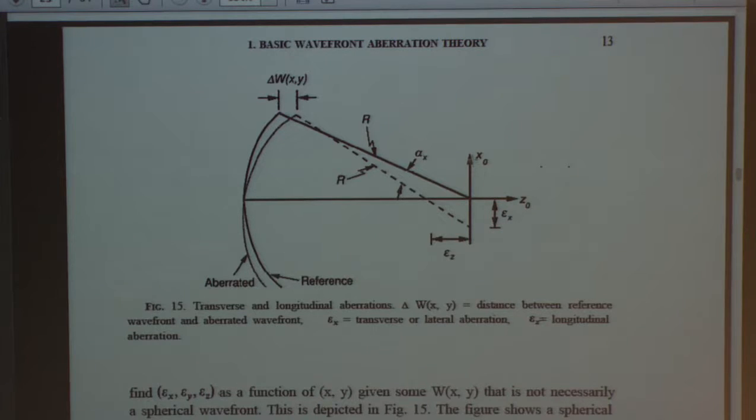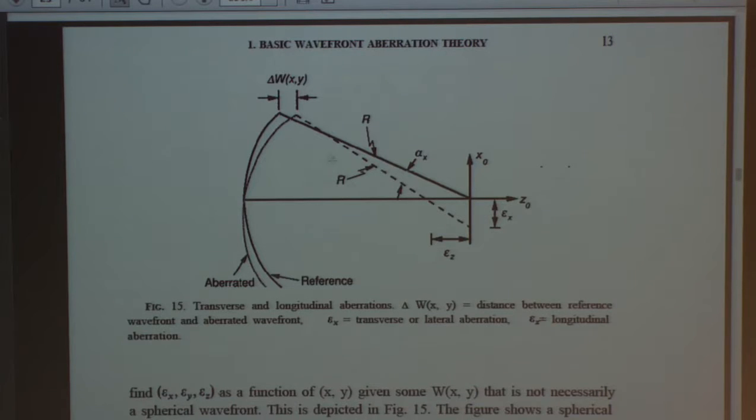z away, and it's crossing the x-axis down here, a distance epsilon sub x away. And if we look at different points of the pupil here, the rays will cross the axis at a different location, and they would intersect this axis down here at a different location.